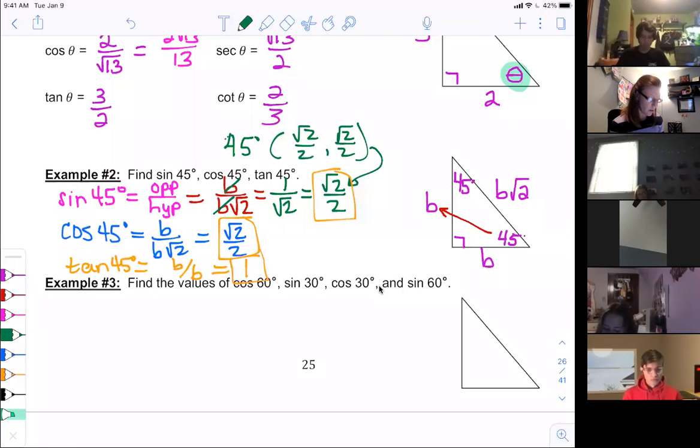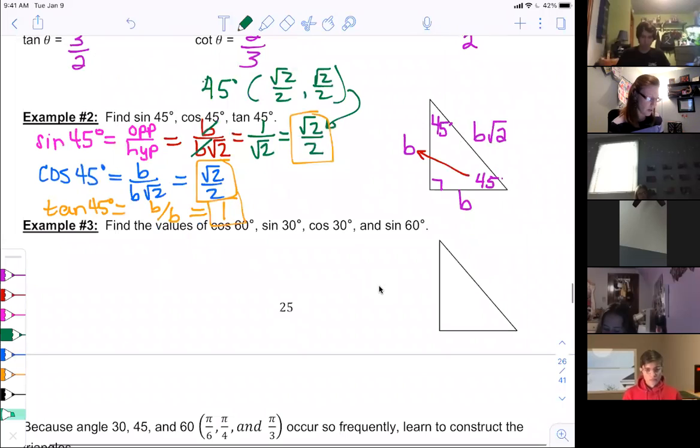So the next one says the cosine of 60, the sine of 30, the cosine of 30 and the sine of 60. So I know this triangle isn't drawn to scale, but pick one angle and call it 30, pick the other angle, make it 60. Technically one side should be bigger than the other, but they look about the same.